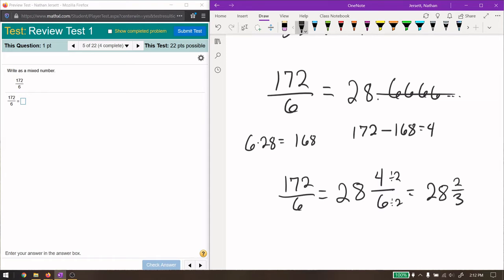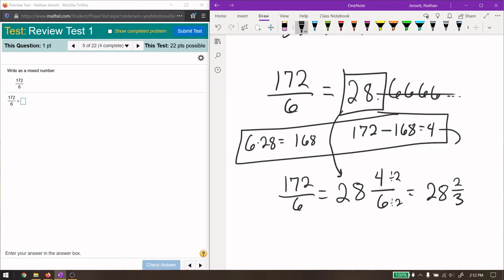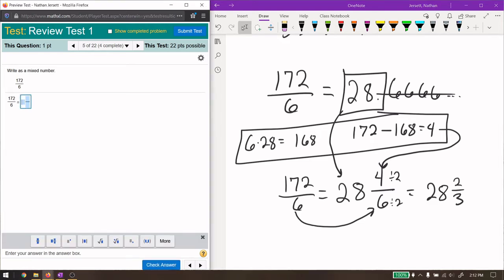This 28 came from the number you get when you type it in a calculator. It's always going to be the case. All we're doing here is finding the top portion, because the 6 will always be in the bottom portion, and then reduce. 28 and 2/3.